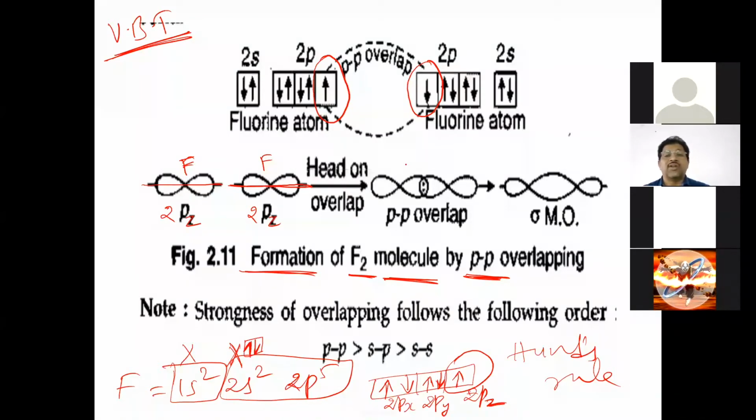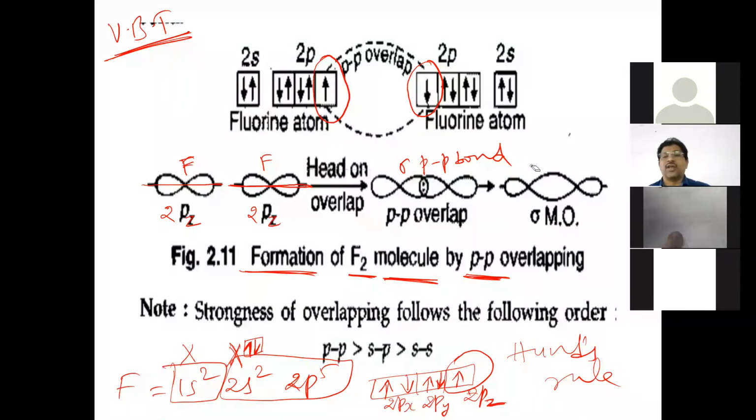So the bond formed here is a sigma pp bond between p orbital and p orbital. This pp overlapping is axial overlapping, also called head-on overlapping, otherwise linear overlapping.